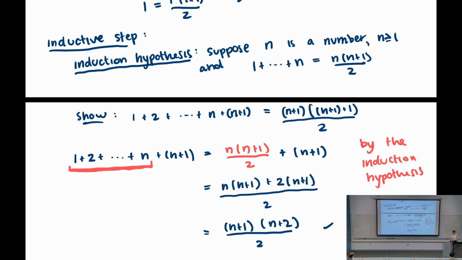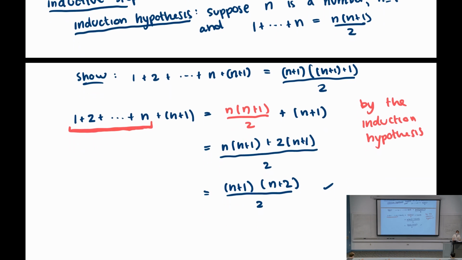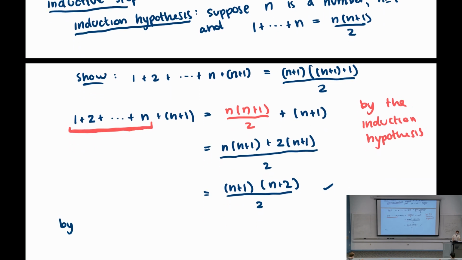And that's what we wanted to show. Okay, so then we can conclude that by the first principle of induction, the statement that we wanted to prove is true. So I'm going to say the proof is complete.